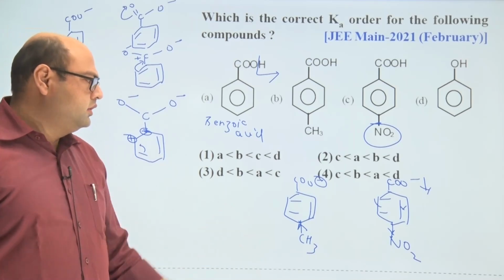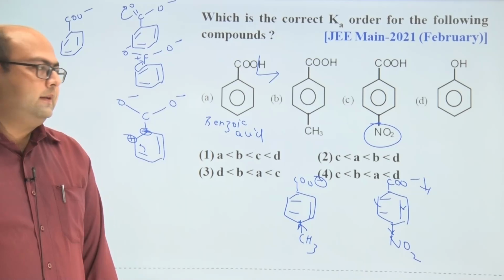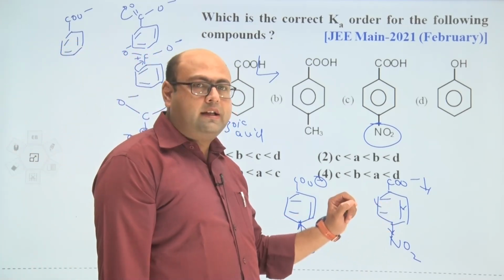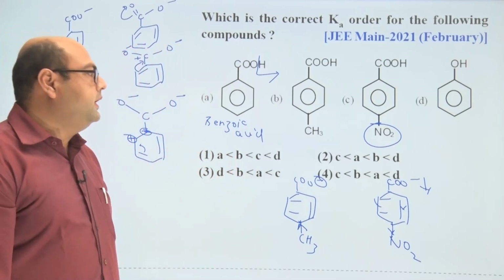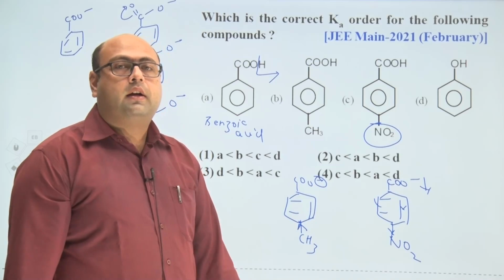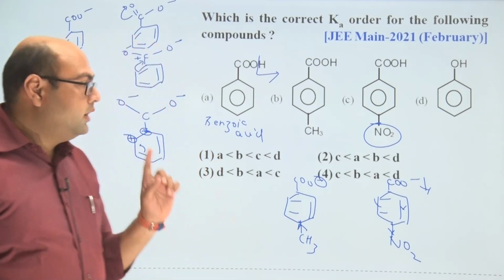NO2 also exhibits minus M and minus I effects both. So this electron withdrawing tendency leads to a decrement in charge, and due to this, this ion will be maximally stable, and this compound will have the highest Ka value, or it will be highly acidic up till now.